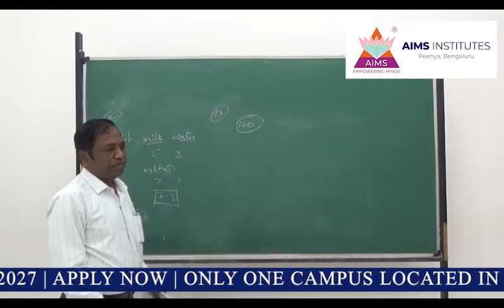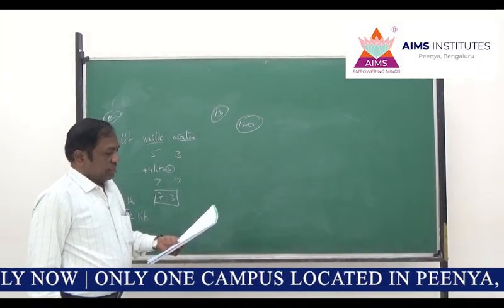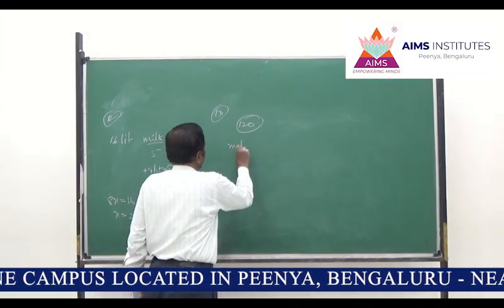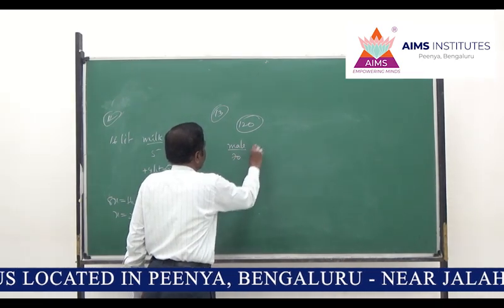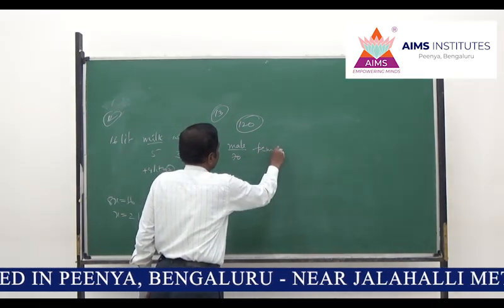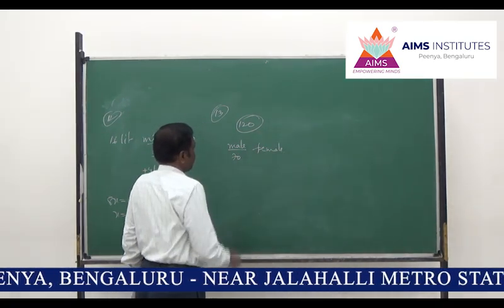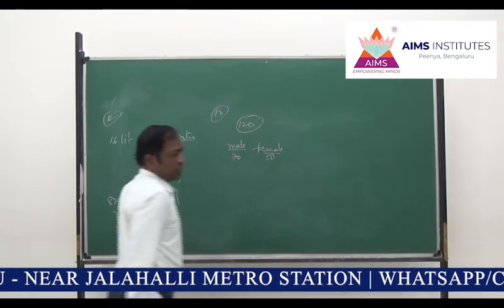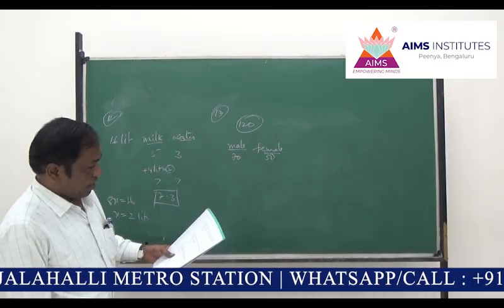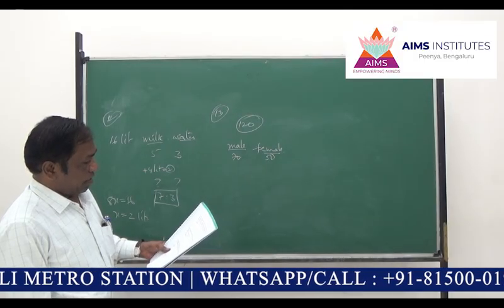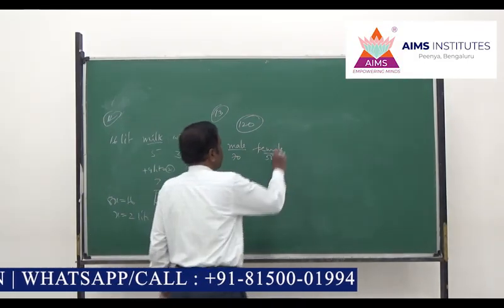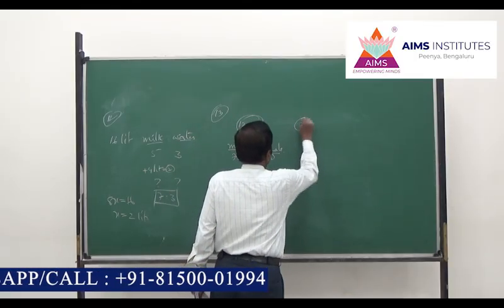Data should be written immediately. 70 are male. Male 70, so female is understood. Total 120, male 70 and the rest, female is 50. And 80 have a driving license. Out of these 120, 80 people have a driving license.